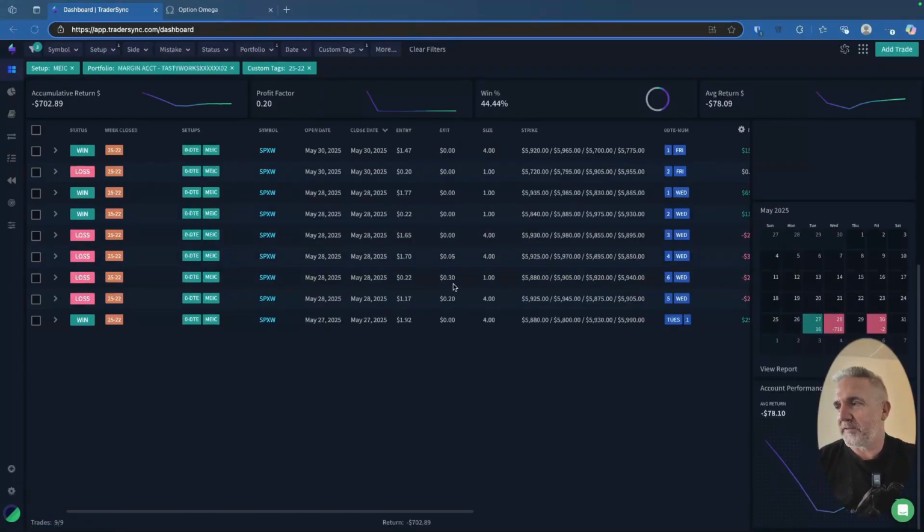So the 27th was an interesting day. I mean, these types of trades, the 0 DTE, can get very emotional because the 27th looked like it was as smooth as butter. And that's what we want with these MEIC trades, because we want the trading action to happen within a range. If it starts moving outside of the range, that's when one side or the other is going to get stopped out.